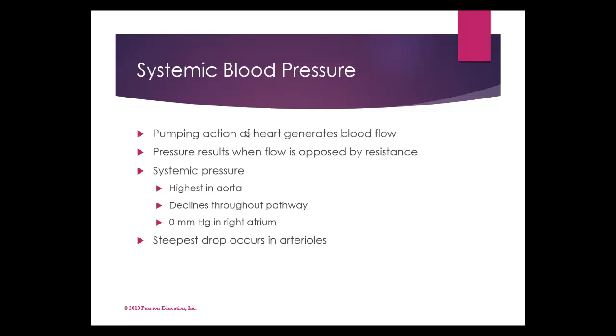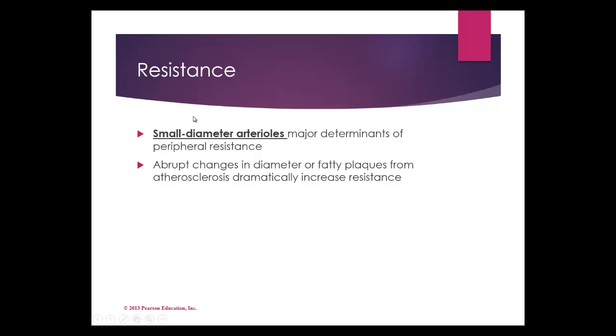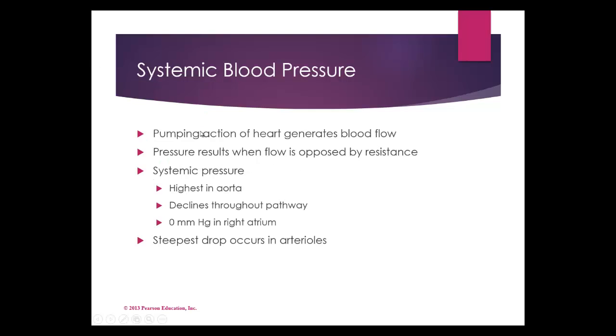What helps regulate and stimulate our blood pressure is that every time the ventricles contract, that creates a pressure wave in the muscular arteries. When that flow is resisted by those small diameter arterioles, we see an increase in pressure as a result. So every time the heart contracts, that's when there's highest pressure in the vessel.